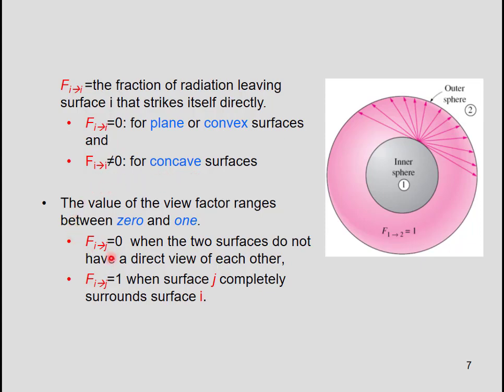The view factor is 0 when none of the radiation strikes the second surface, and it is equal to 1 when, from surface I to J, all of the radiation from surface I strikes surface J.